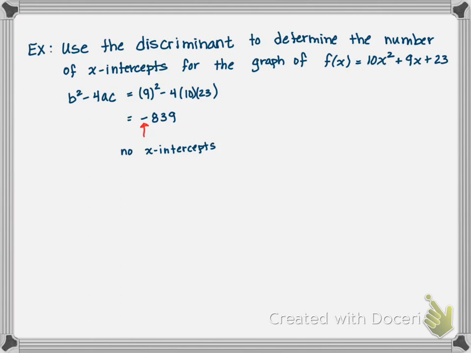There's one other thing you can do with the discriminant, which is not something we're going to explicitly test you on, but it's a nice thing to have when you're factoring polynomials. It's actually how I use the discriminant most often, more often than even doing this. It tells you if polynomials can be factored or not.